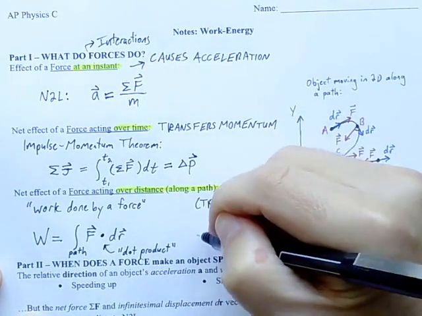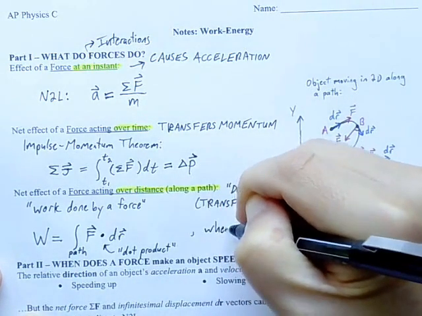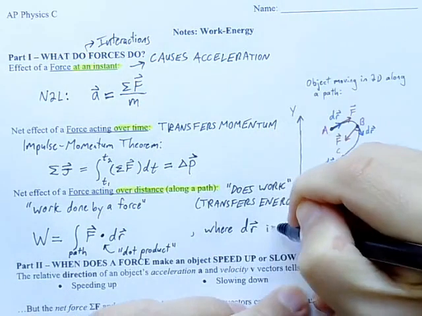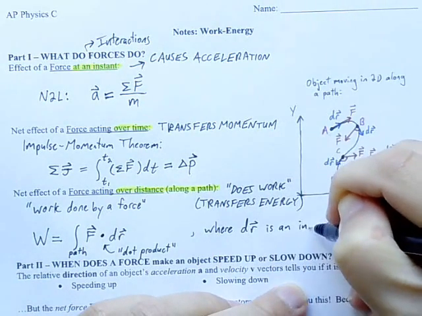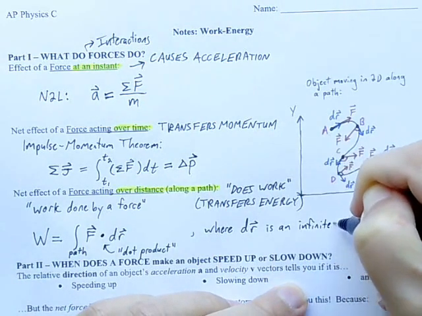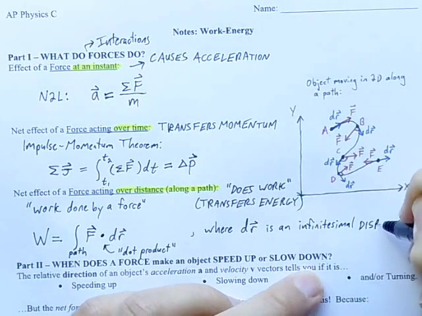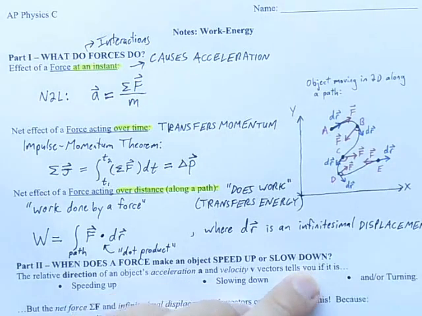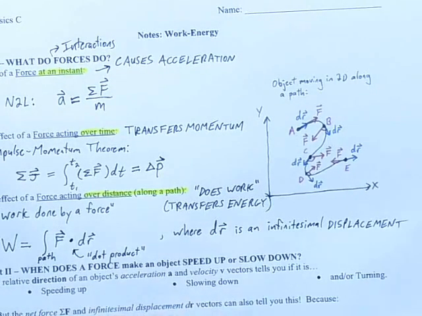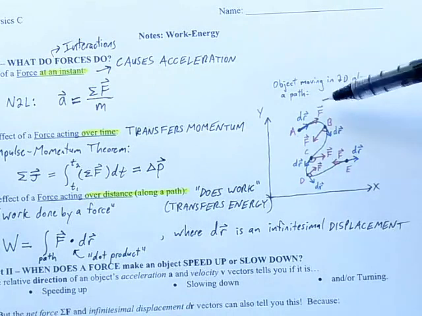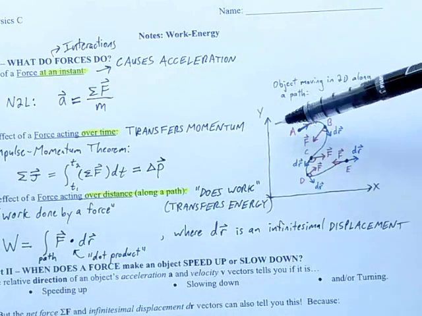And here, dr is some infinitesimal displacement vector, a tiny step forward along your path, a little vector pointing in the direction that you're going. So on this graph, this is really a map, an overhead view of the XY plane.